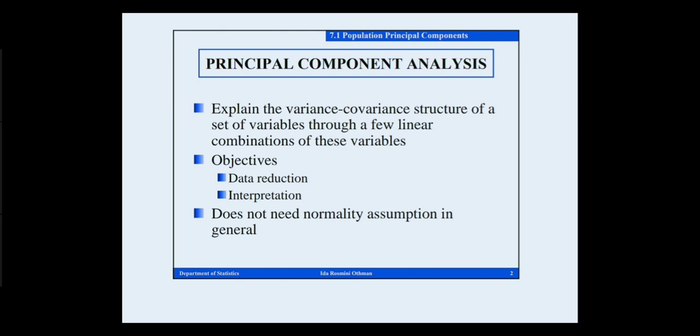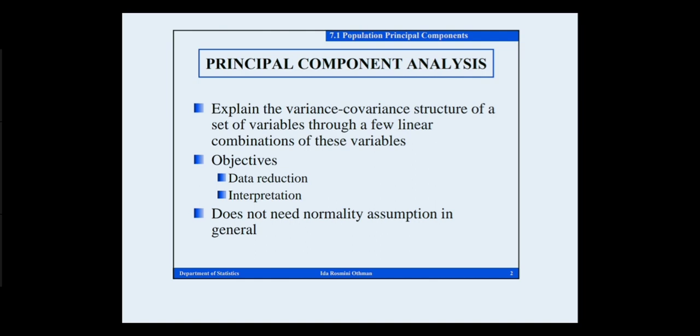So you will see later we need to calculate the correlation between the principal components and also the variables. So we can see which variables are more important to which of the principal components. Okay, and then the assumption of the principal component is that it does not need the normality assumption in general.